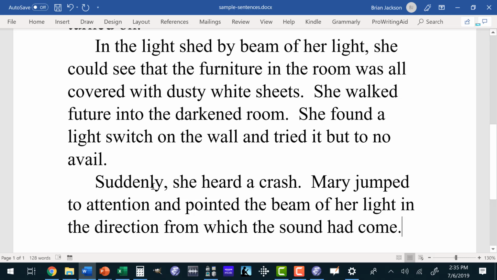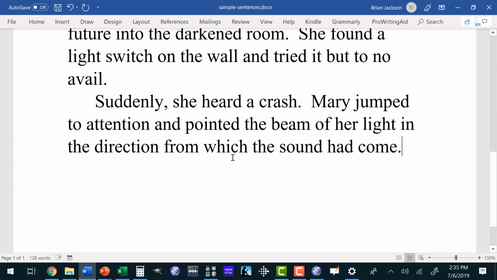So we got that attention, short, pithy sentence out there to get attention. And now we go back to a longer sentence, which begins with a capital, but then Mary would always be capitalized, and ends with a period. Mary jumped to attention, and she did something else. She pointed the beam of her light. Where did she do that? In the direction from which the sound had come. This is a complete sentence.